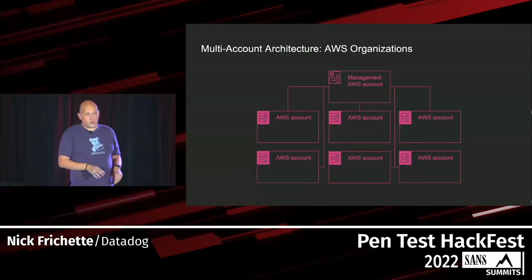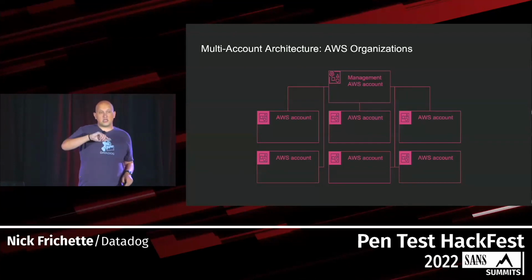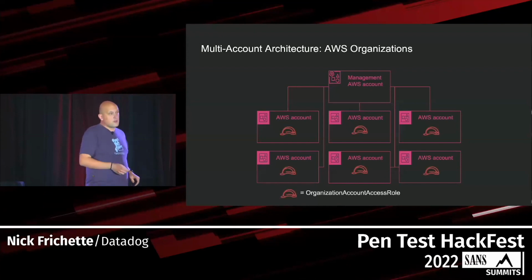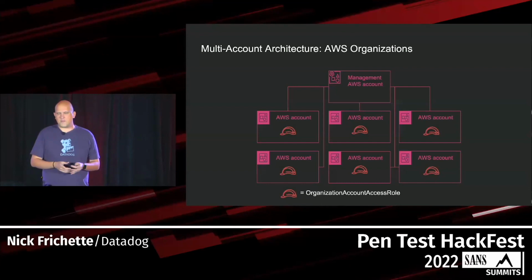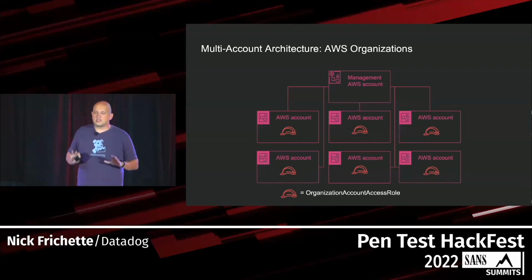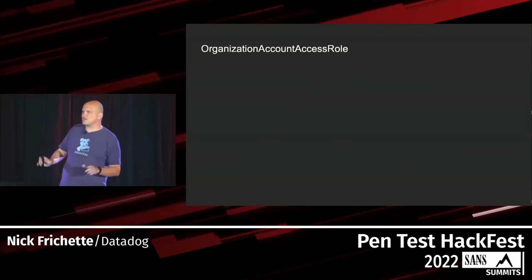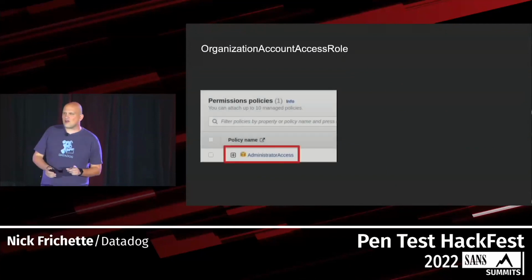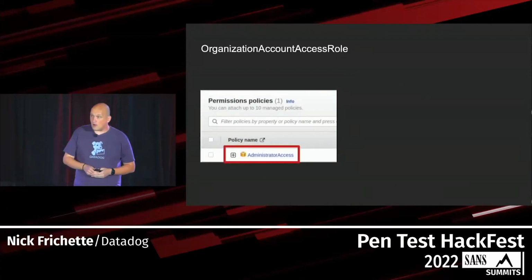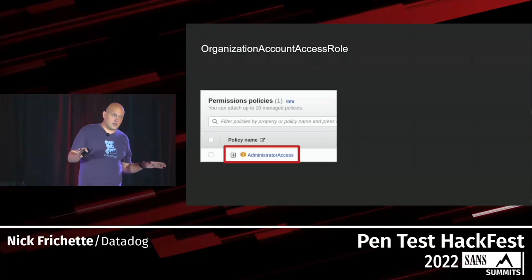Now, by default, AWS Organizations creates a role in each of the member accounts called the Organization Account Access role. And this role is incredible from an attacker's perspective because by default, out of the box, batteries included, that role has administrator access to those member accounts. So complete access to everything in it.